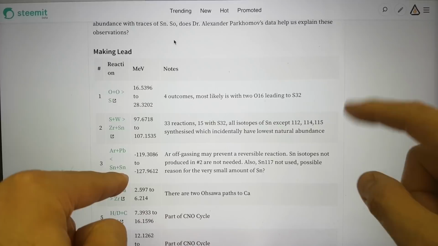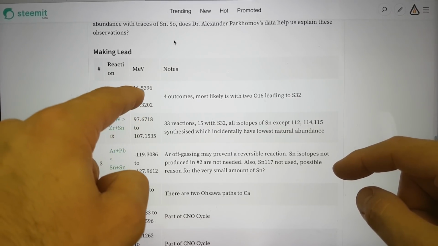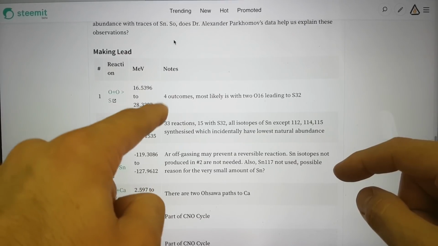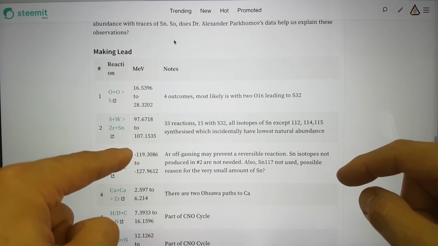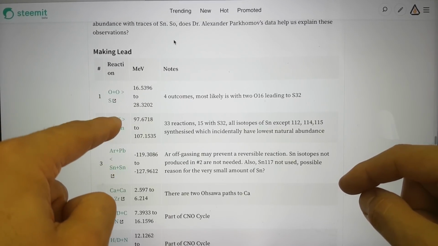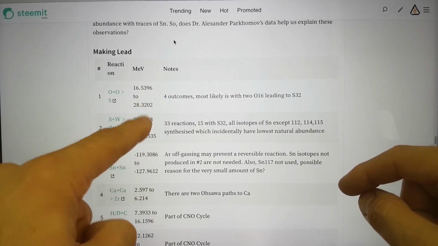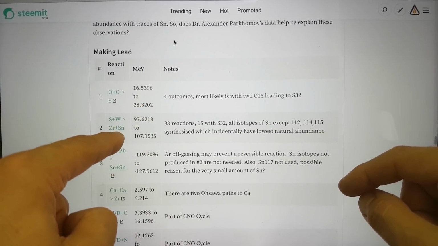Then what I'm saying is these are net positive. So you've got 16.5 to 28.3 mega electron volts out of these fusions. Here we have 97.6 to 107, so a lot of energy produced by this potential reaction.